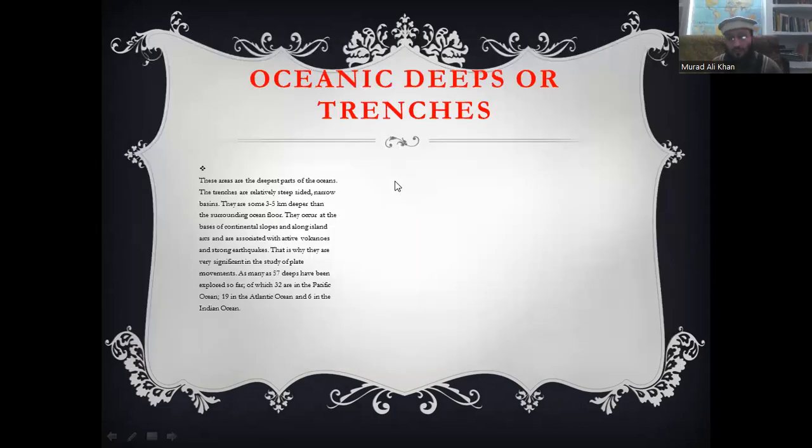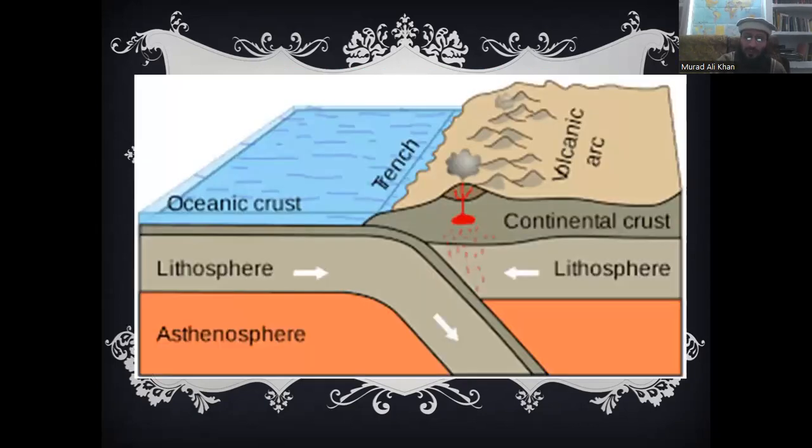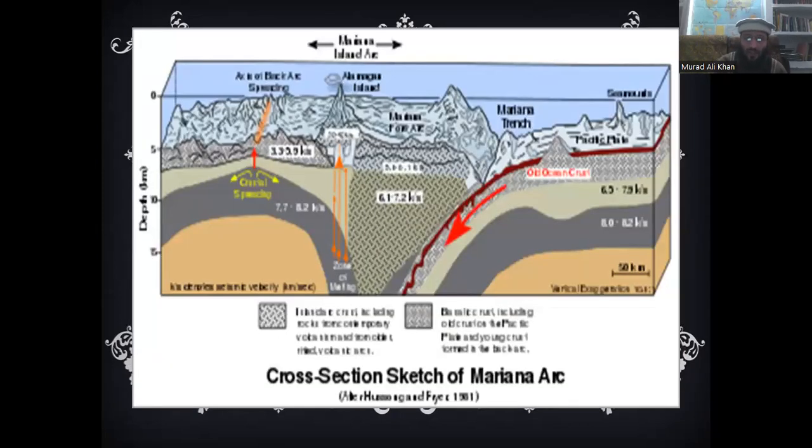The next landform is oceanic deeps or oceanic trenches. So whenever two oceanic plates converge, they move toward each other. Since they are very heavy, the heavier plates tend to sink down into the earth, and because of this, for example in this area, a very deep trench develops.